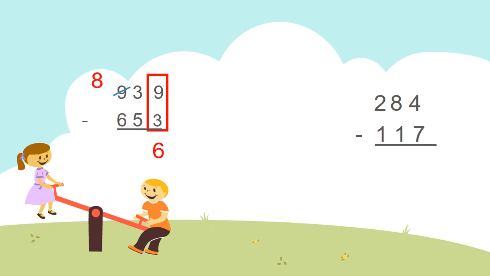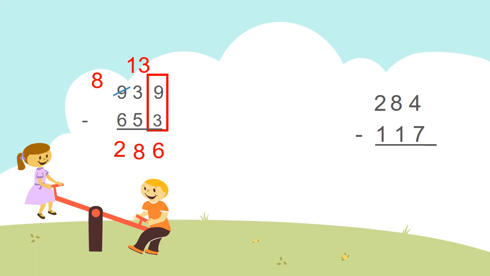How about this one that we took from the hundreds? What did we do with it? Yes, we divided it into 10 tens. And we have 3, so we have now 13 tens. Now 13 minus 5 is 8.